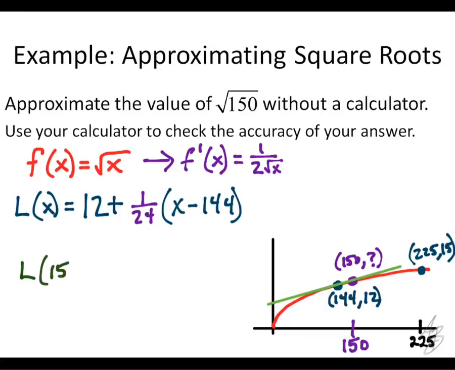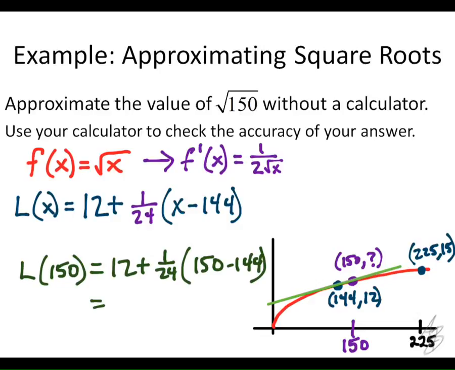So the linearization at 150, which is going to give us approximately what the square root of 150 is, is going to be 12 plus 1 over 24 times 150 minus 144. 150 minus 144 is 6. 6 over 24 is a fourth, right? So it would be 0.25. So the linearization is going to be equal to 12.25, which means then that the square root of 150 is approximately equal to 12.25.